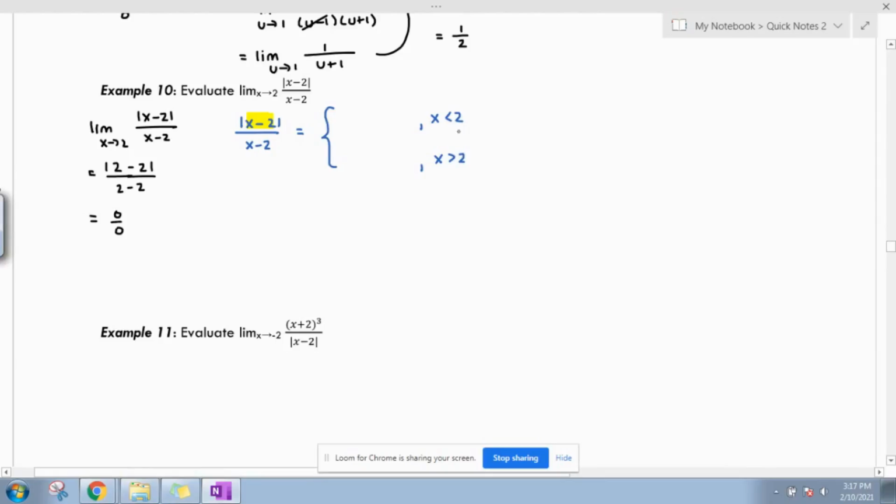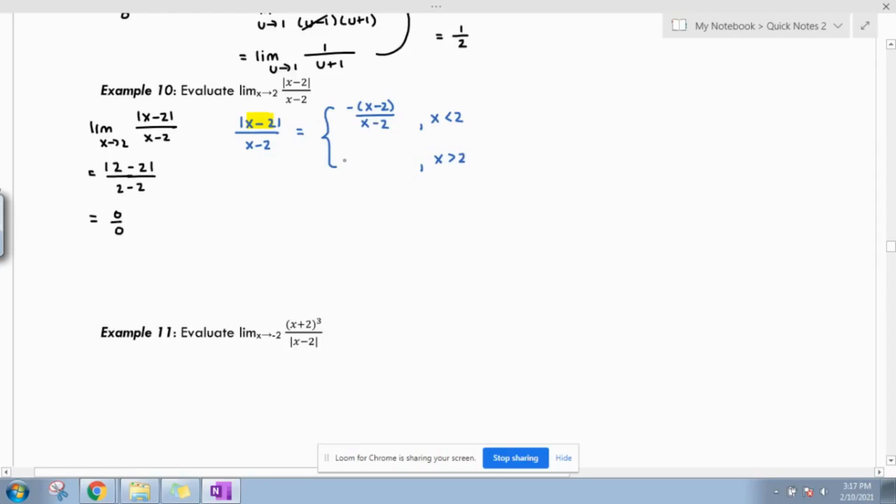If my x values were less than 2, my absolute value function takes on the negative, right? So it takes on the negative. But the bottom stays the same because the bottom doesn't have an absolute value.